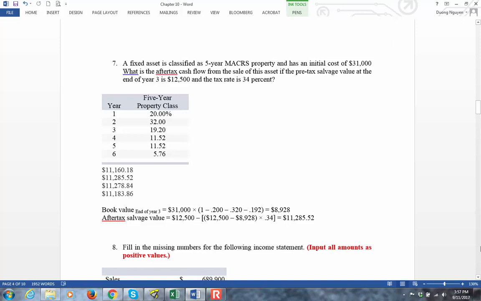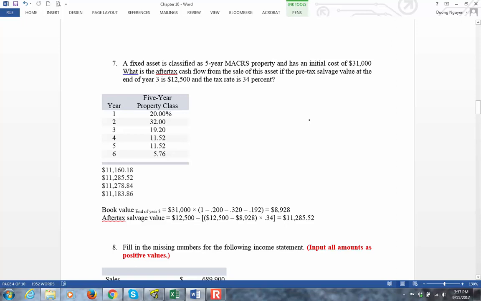Number 7. A fixed asset has an initial cost of $31,000. What is the after-tax cash flow from the sale of assets if the pre-tax salvage value at the end of year 3 is 12,500 and the tax rate is 34%?